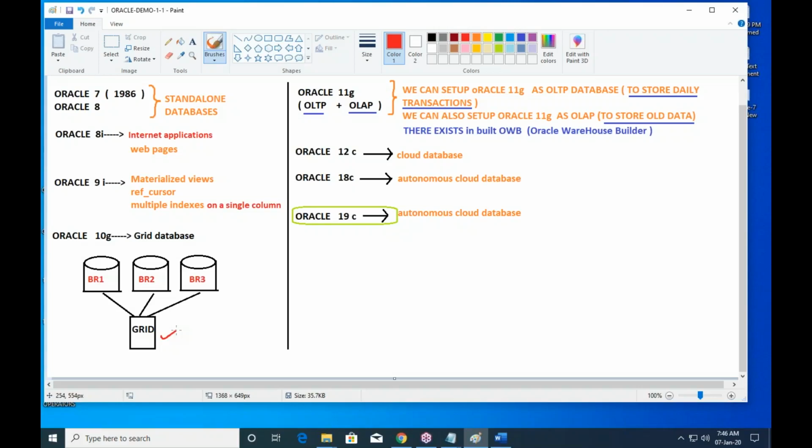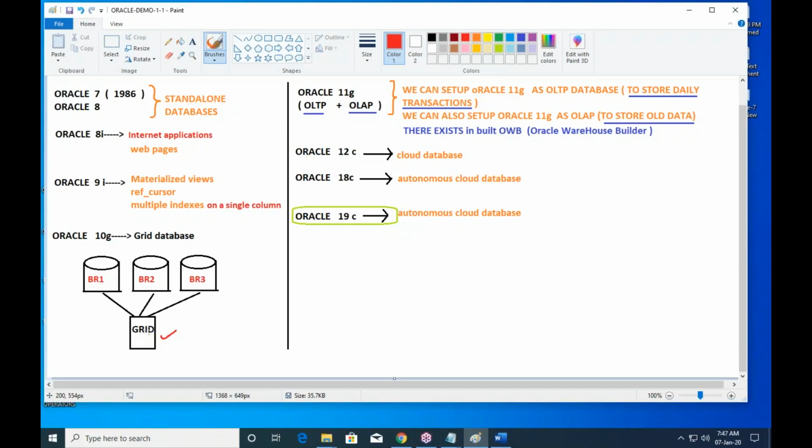Grid is a server. It's a small room, and you can see the grid if you go to the power station. What is the responsibility of the grid? It manages how much power you need, and that much power only it will supply. It's like a controller.